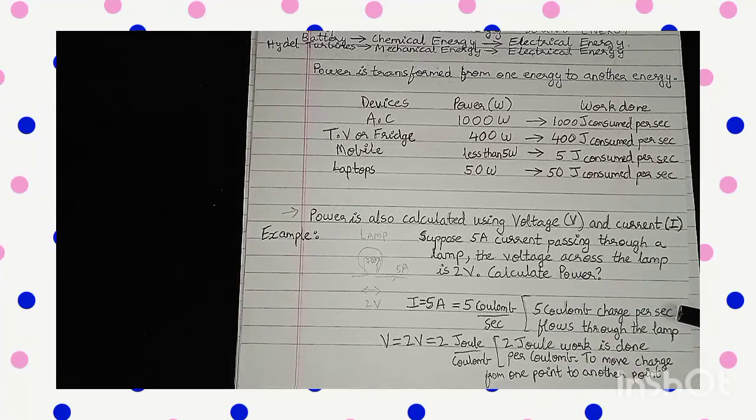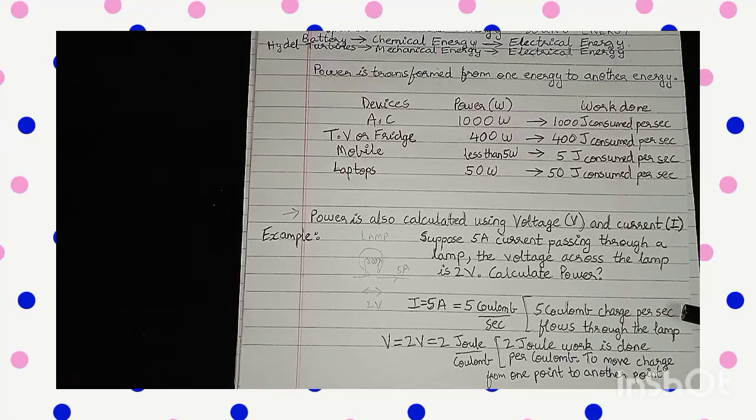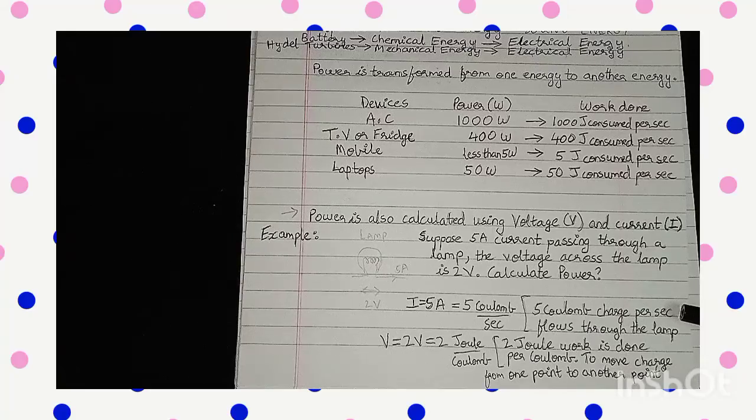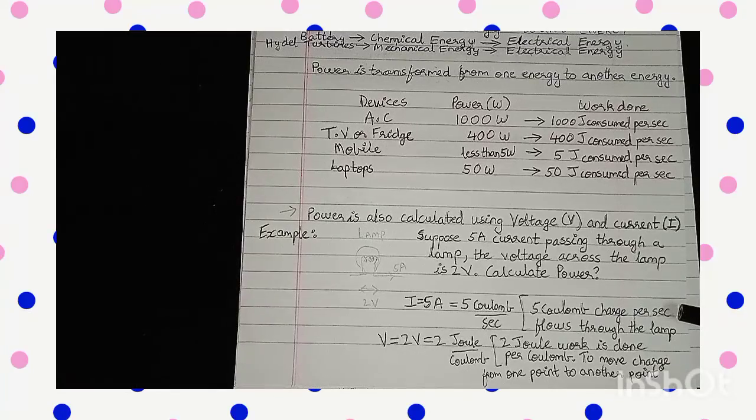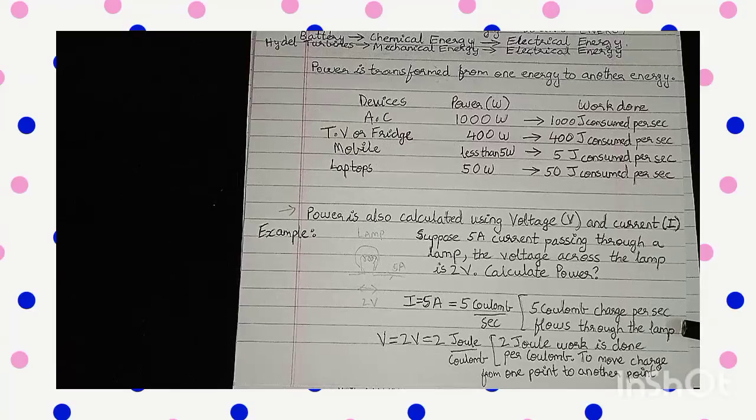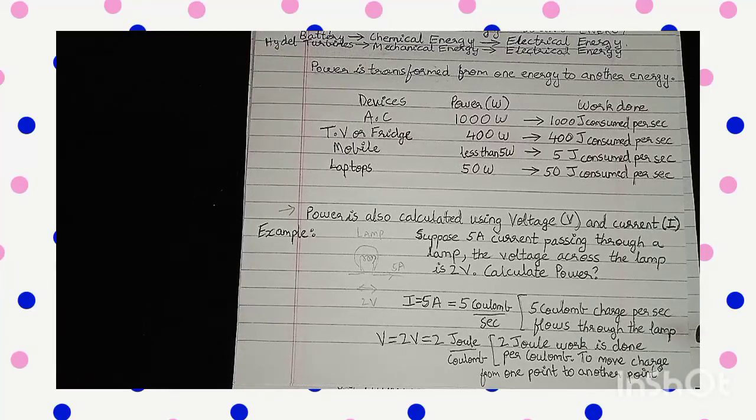That means 5 coulomb of charge per second flows through the lamp. Now voltage is equal to 2 volts, which can also be converted to joule per coulomb. So 2 joule per coulomb of work is done to move the charge from one point to another.